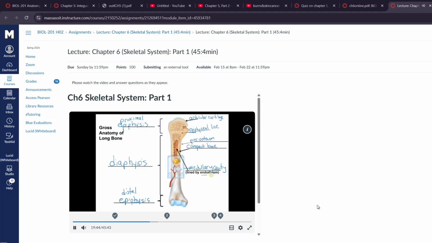Now this endosteum actually contains bone-forming cells, which you know as osteoblasts. In the medullary cavity, you can see it's not empty. So what we're going to do next is take a closer look at this part of long bone.